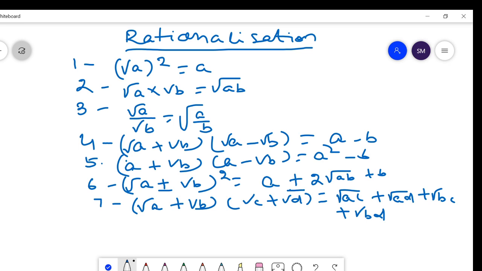Root a plus or minus root b whole square is equal to a plus or minus 2 root ab plus b. Root a plus root b into root c plus root d is equal to root ac plus root ad plus root bc plus root bd. Okay, understand.